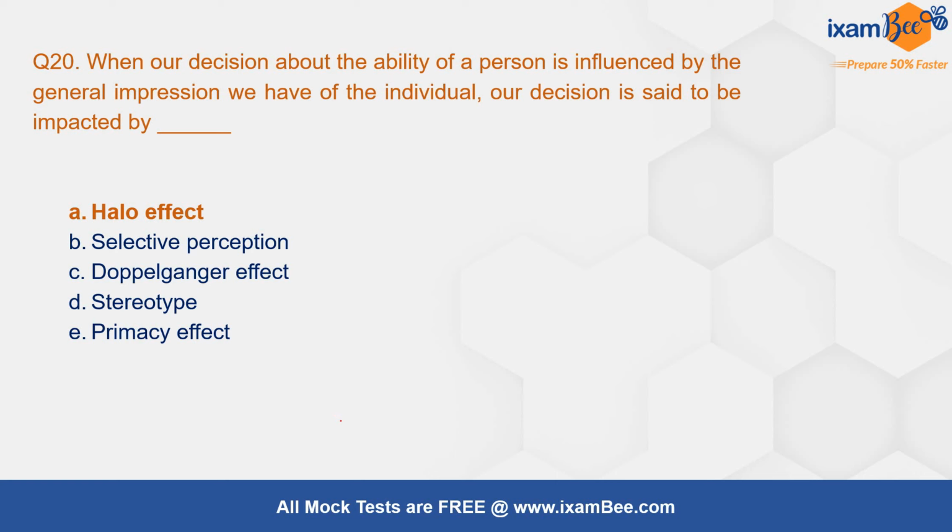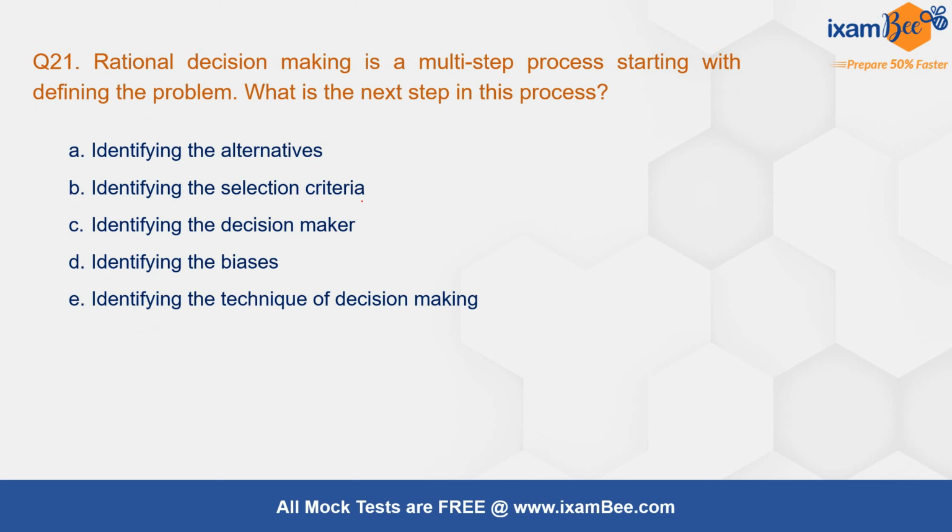If this is a positive impression, we usually refer to it as halo effect. In case it is a negative impression, we may sometimes also refer to it as the horn effect. So it is a kind of bias that comes in the decision making by certain people. Let's move on to the questions for today.